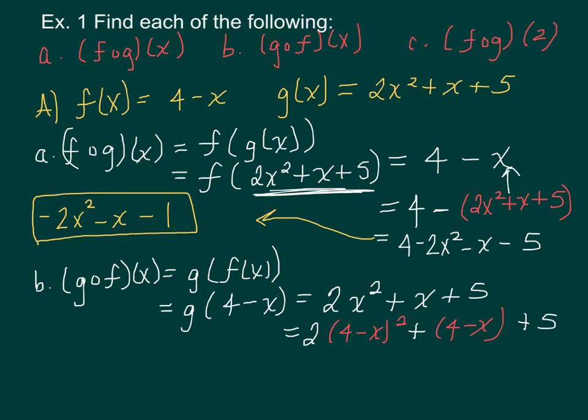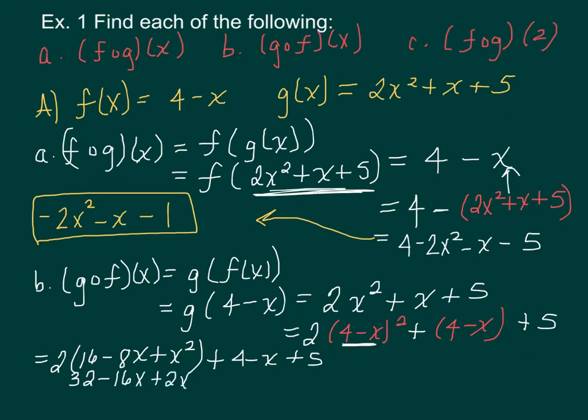Okay, the part that students mess up on because they forget that you have to FOIL this. So this will be 16 minus 8x plus x squared plus 4 minus x plus 5. And I'm going to distribute 32 minus 16x plus 2x squared plus 4 minus x plus 5.